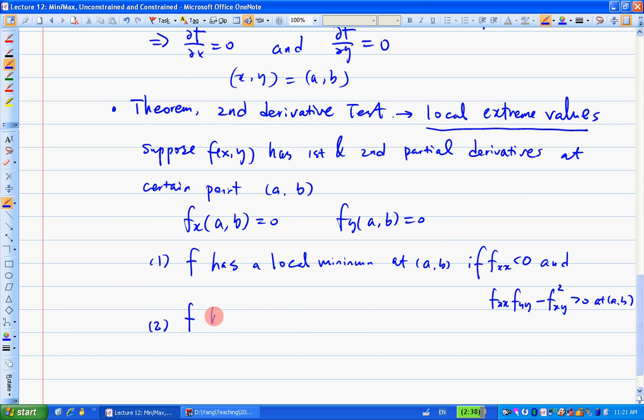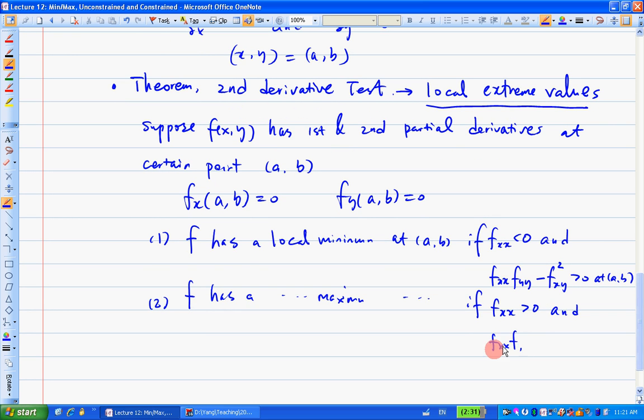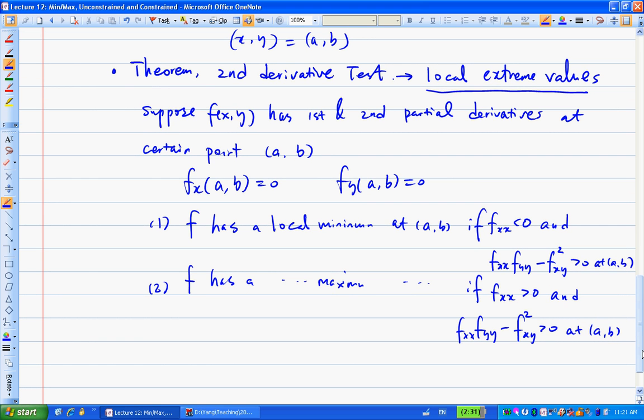Second one, f has a local maximum at (a, b) if fxx is less than 0 and fxx fyy minus fxy squared is greater than 0 at (a, b).